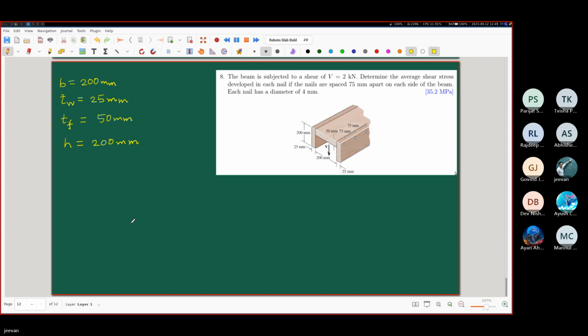Now, what I want to do is, let's say for argument's sake, I will take this part, this board. So what I'm basically doing is this.